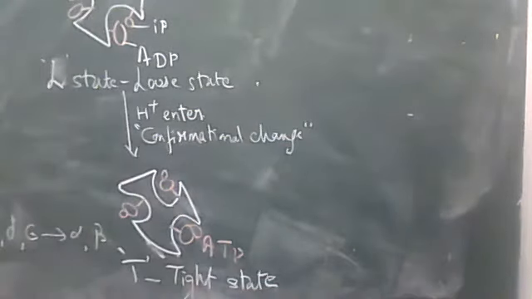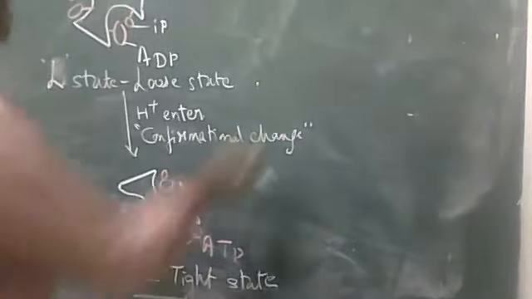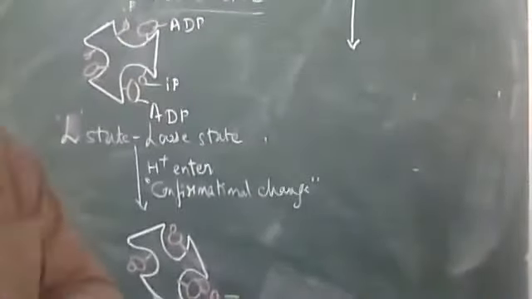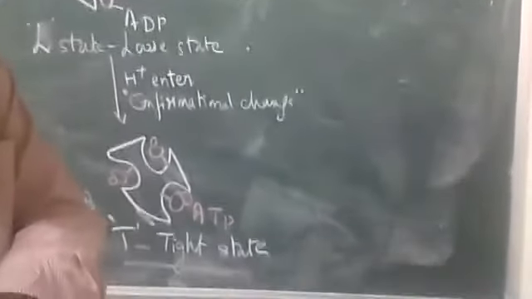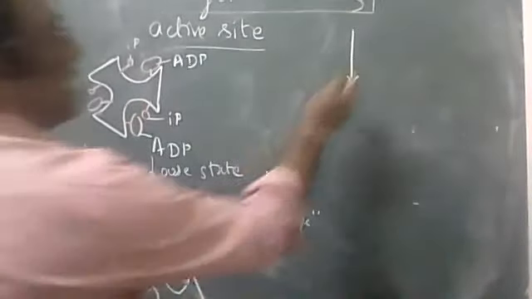Tight state. Yes, good. Once they are bound to become ATP, it has to release itself from there. So what will happen? See the element again. I am drawing it this side, above. I have drawn this. Did you understand the concept? Yes, sir.